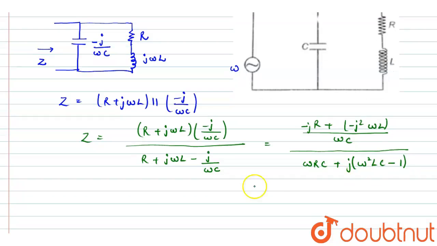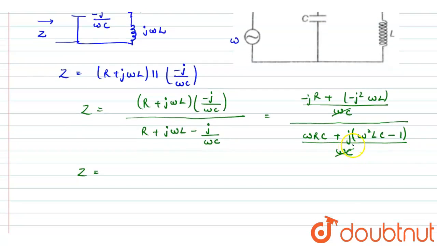So for Z, in the denominator we will have omega C also, so this omega C and omega C will cancel out. To solve this further we can rationalize, and see one more thing about the property: j square is equal to minus 1, or I can write minus j square is equal to 1 only. So I can replace minus j square by 1.